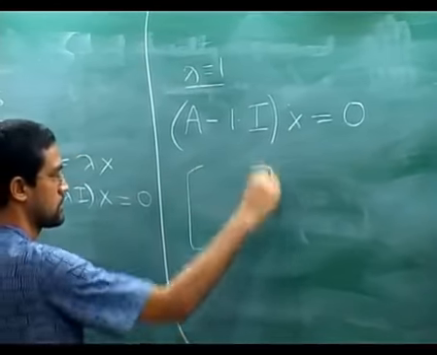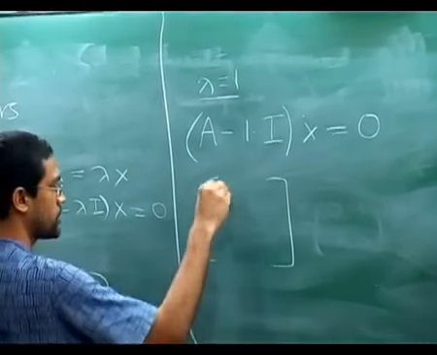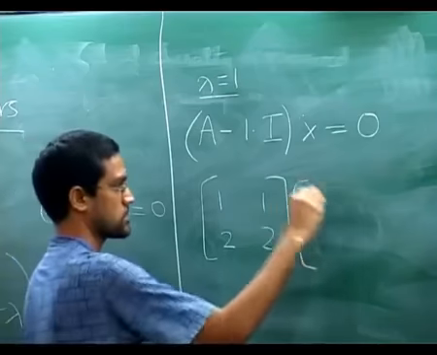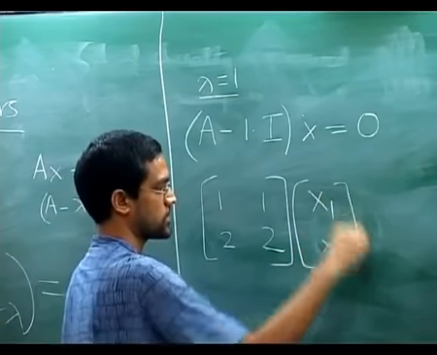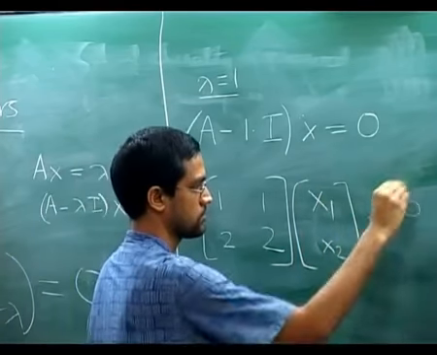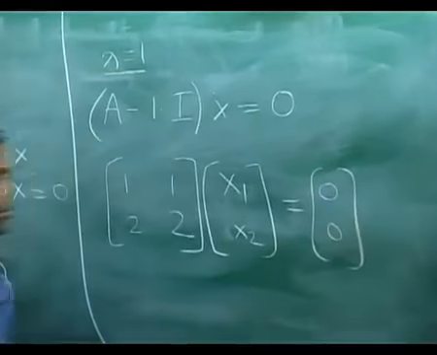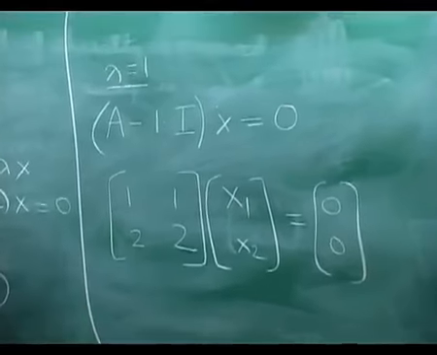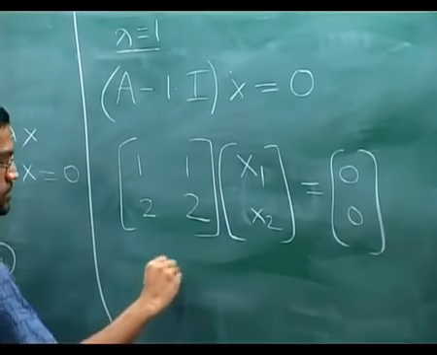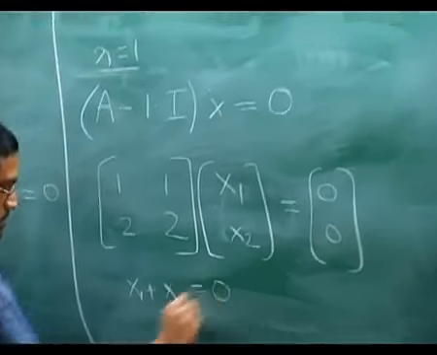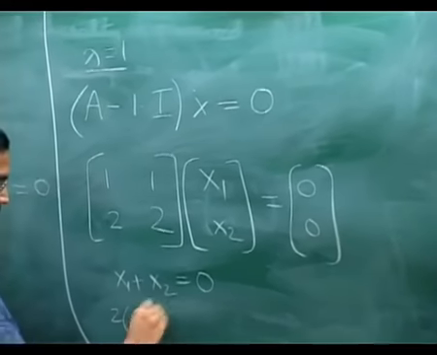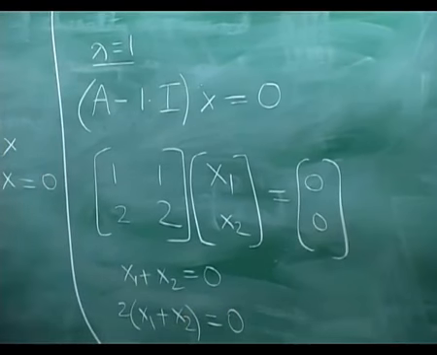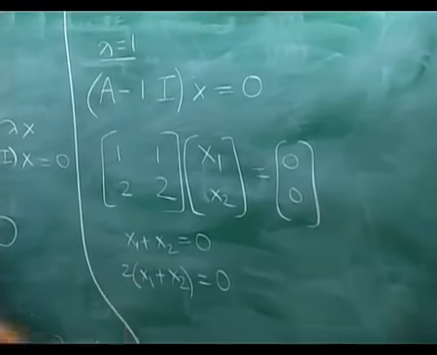So let's plug in 1. So we have 2 minus 1 times x. Let's call x as x1, x2, is 0. So I get two equations now. I need to solve for x1 and x2. The two equations are x1 plus x2 is 0, and well, it's the same equation again. And this is how it always is, because it's a singular matrix.